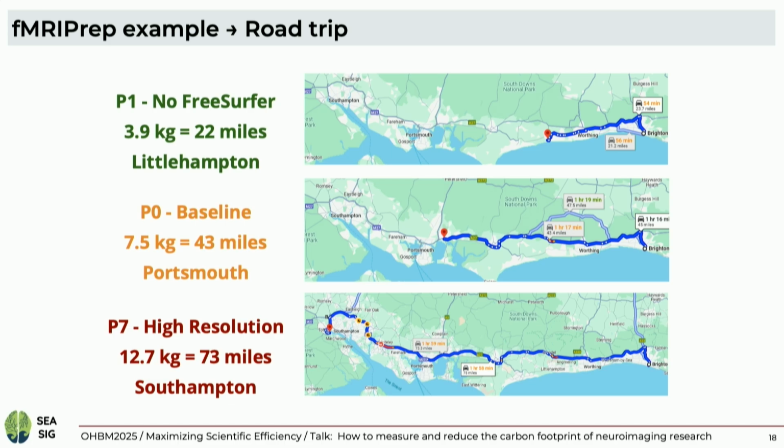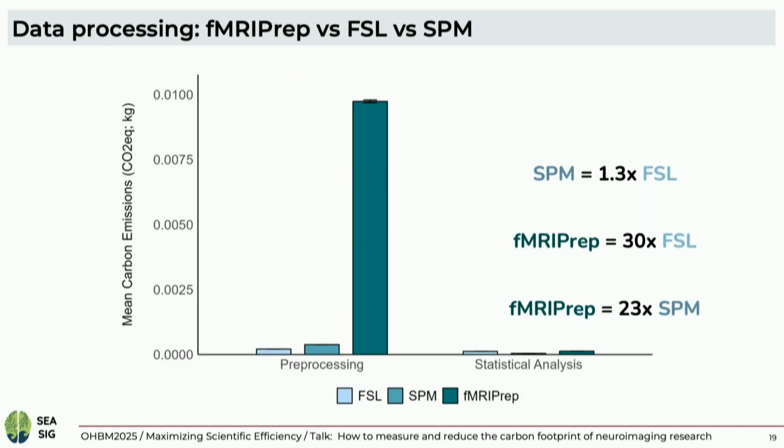But again, this is a way to raise awareness of how the tools you're using affect the footprint, and maybe work towards making them more efficient. We also did another paper where we compared different neuroimaging pipelines with each other, and it turns out FSL is one of the most efficient amongst the three that we compared.